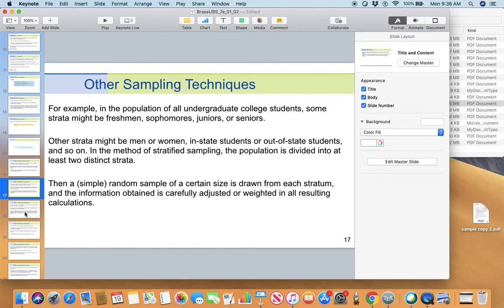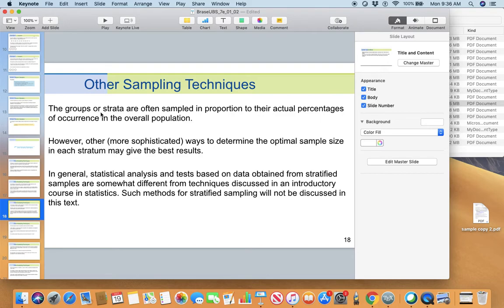The groups or strata are often sampled in proportion to their actual percentages of occurrence in the overall population. However, there are other more sophisticated ways to determine the optimal sample.